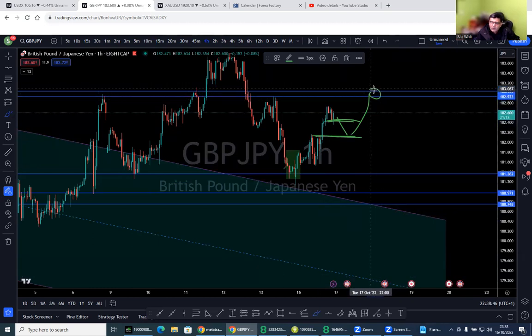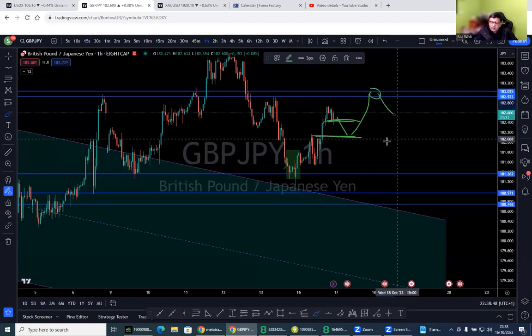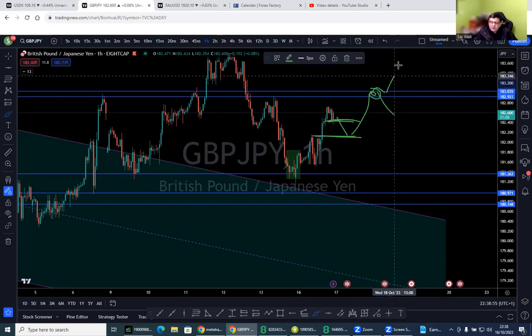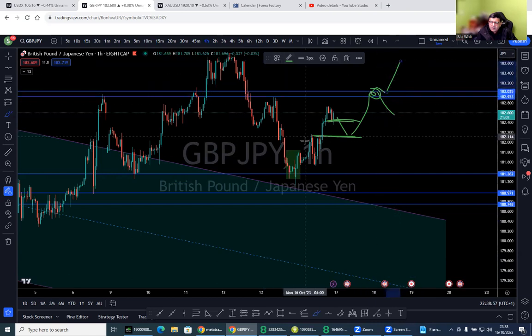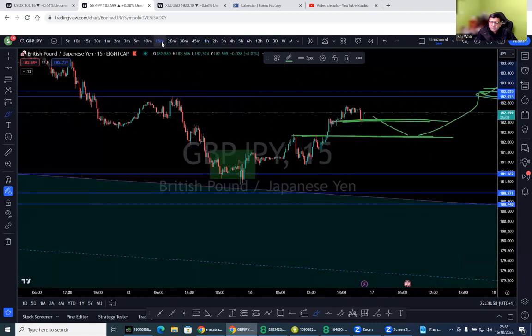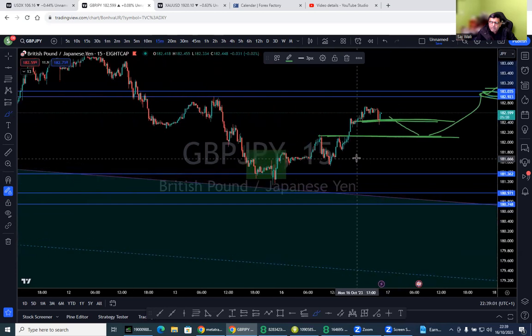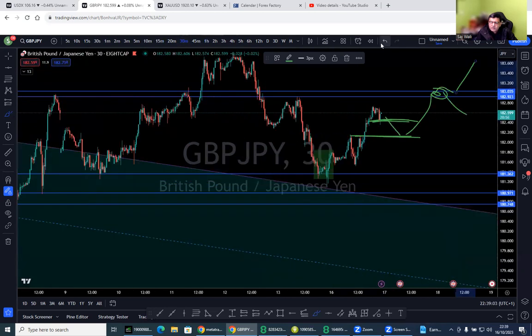And from here, you can see a further move to the downside. And on the breaking of this retest, we can sell or take a buy trade. That's for GBP JPY. So there are different scenarios. Let's see how the market goes.